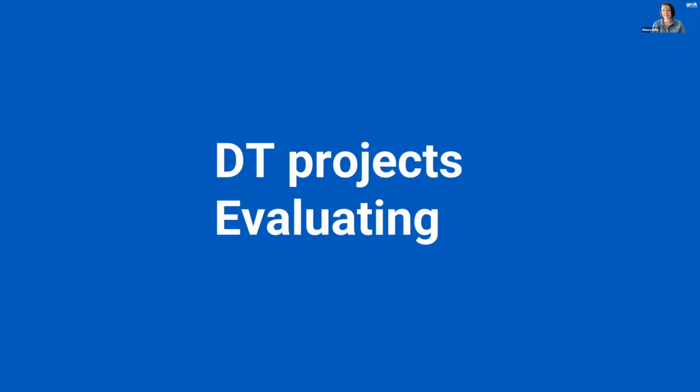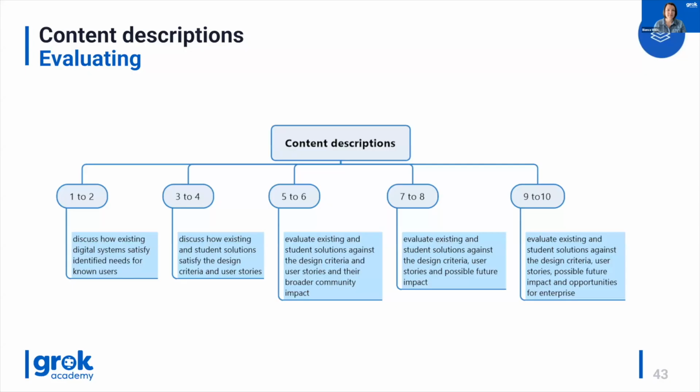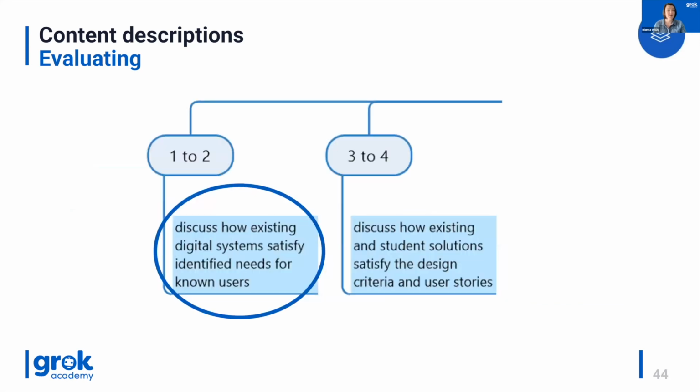We will now take a look at the substrand of evaluating. This substrand has a single content description for each band level. And again, it's really great to look at the progression to understand the skills that are developed for each band level. The progression in evaluating from Year 1, 2 up to Year 3, 4 is the inclusion of design criteria and also user stories, which I mentioned earlier.